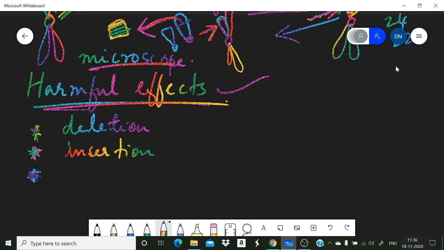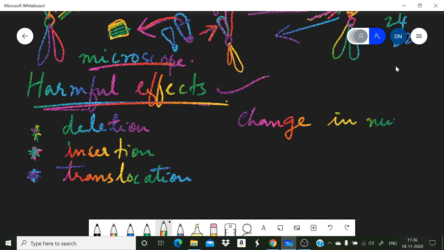So this may also be due to insertion, deletion, translocation. All these are the possible causes of chromosomal mutations. And chromosomal mutations may also be because of the change in number of chromosomes, that I have explained to you now, as well as because of the changes which occur in the structure of chromosome.